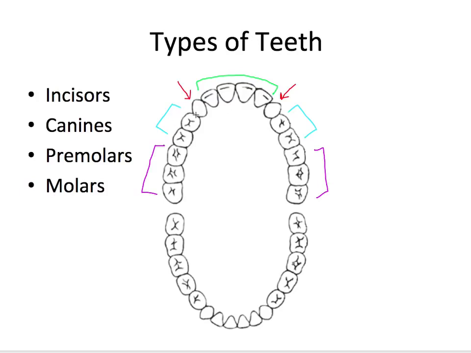The premolars and molars combined are referred to as the posterior teeth because they're located in the back. So again, we have the incisors, the canines, the first and second premolars, and the first, second, and third molars. And this is the same layout as for the mandibular arch.